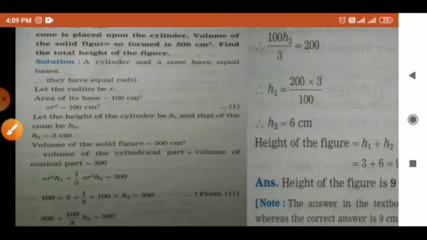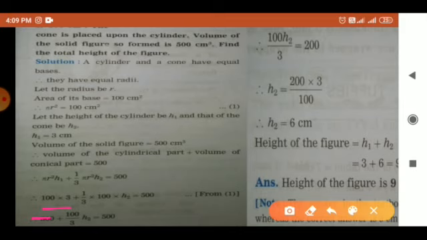Now on simplification, what do we get? 100 into 3, and then 1 upon 3 into 100 into h2, so this will be equal to 500. On calculation, this 300 will go to the right hand side, it will get subtracted.